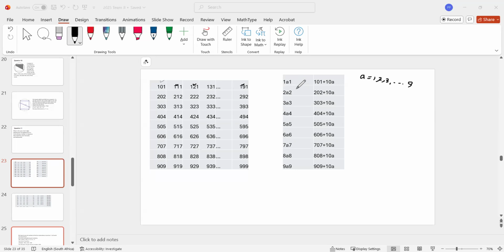Right. Now, I'm looking at this and I say, okay, let me write this thing down, but in exactly what it means. This is really 101 plus 10A. Here, this is 505 plus 10. This is 909 plus 10.